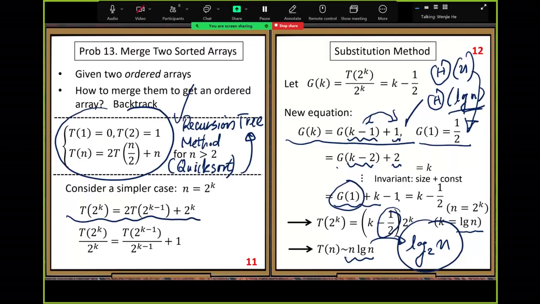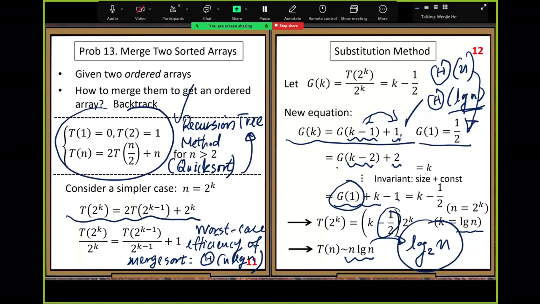The worst case efficiency of merge sort is big theta of n log n.